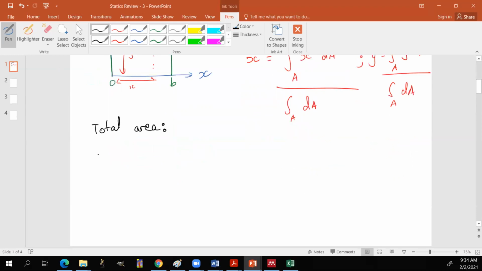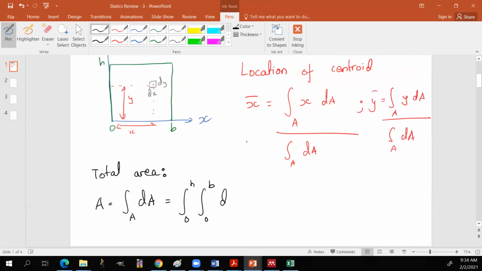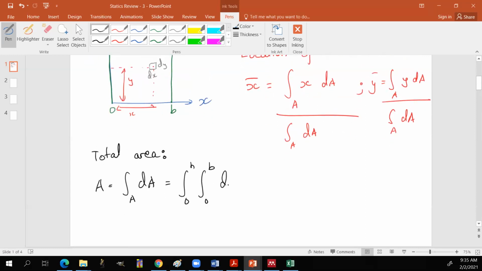So you have A equal to the integral over the whole area of dA. And dA is nothing but a double integral: you integrate in the x direction and you integrate in the y direction. So the way that you write that out is 0 to h, 0 to b, and then dA, we know, is just equal to dx times dy.